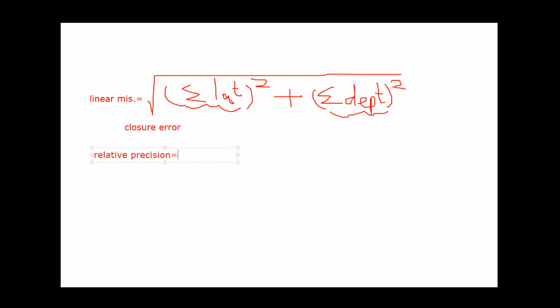And that is the following. This error misclosure that you just computed, or the linear misclosure, same thing. If you want to use the same term, the closure error divided by the sum of the lengths.